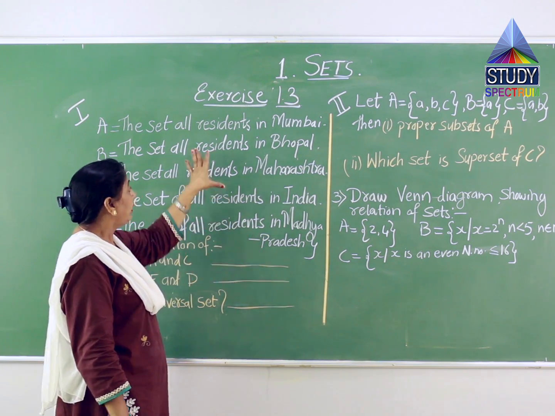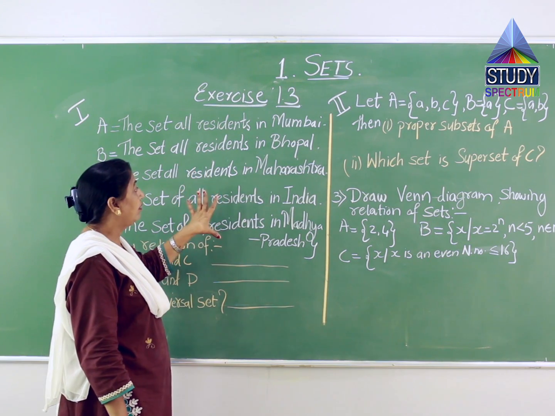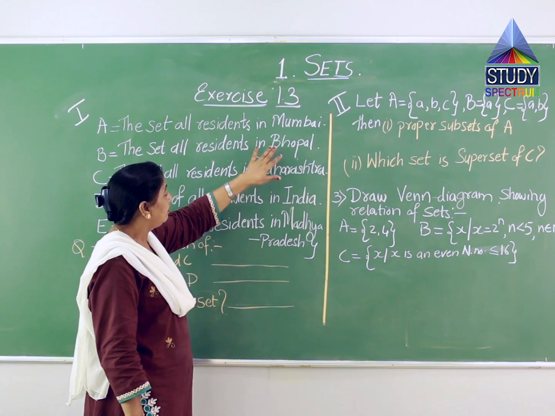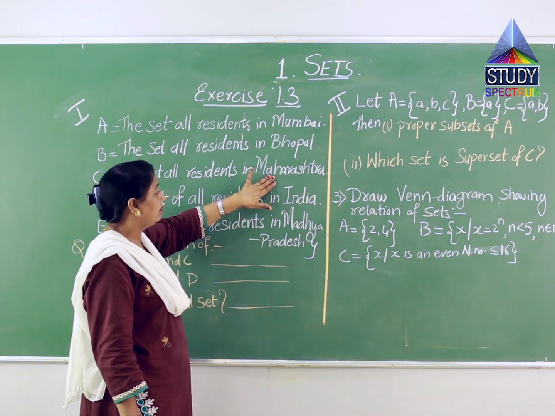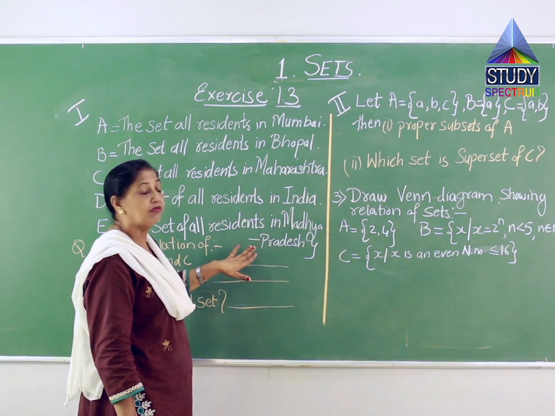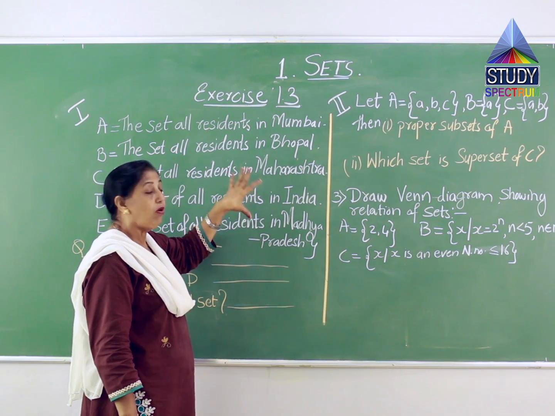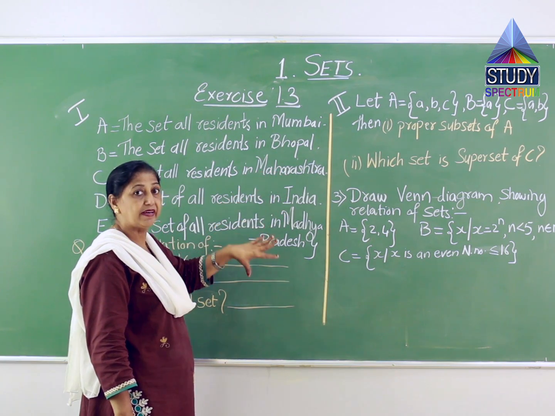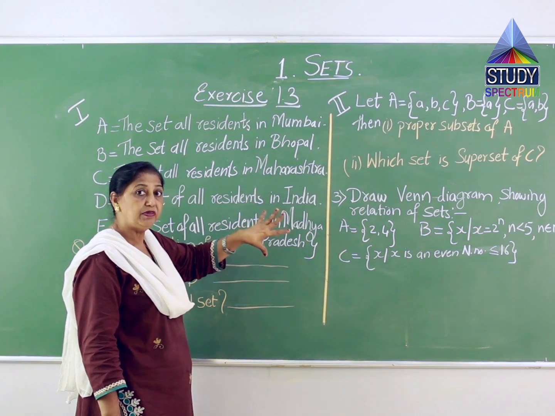Now, by observing this, you'll come to know this is a state, this is a city. Maharashtra is a state and Madhya Pradesh is also a state, and these all are located in India. So India consists of all these states. Here what will be the universal set?